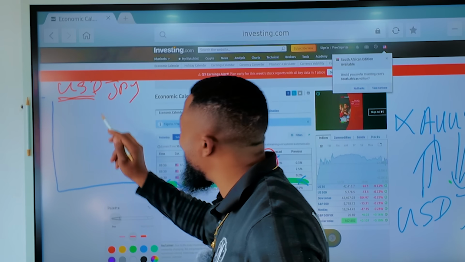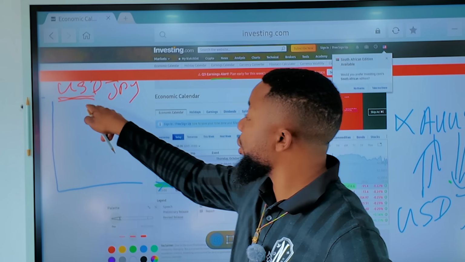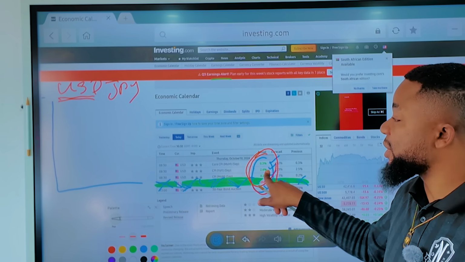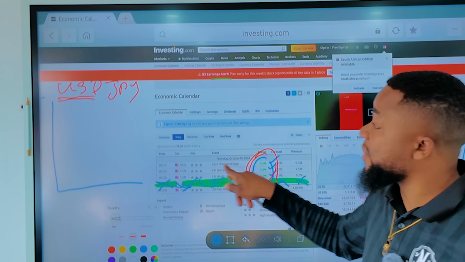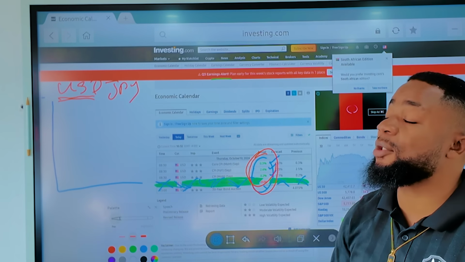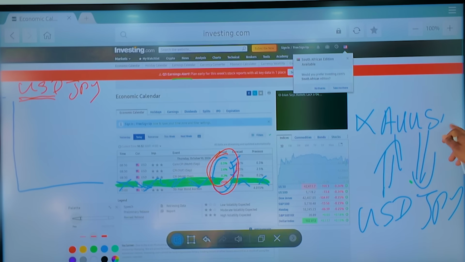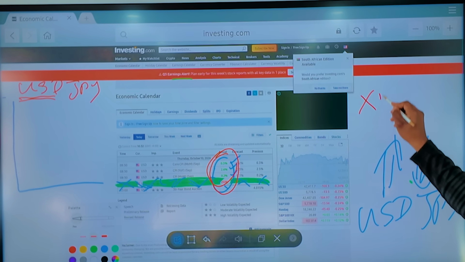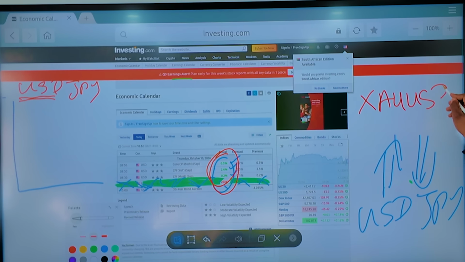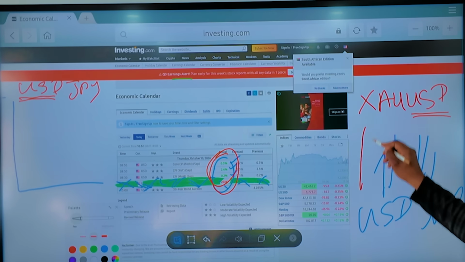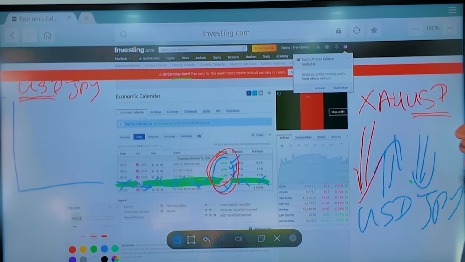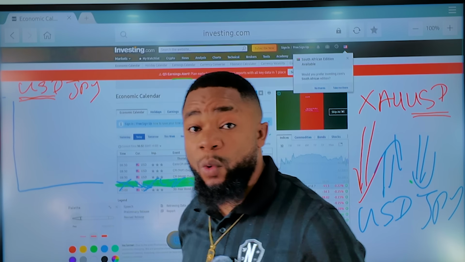Since the United States dollar is the base currency on this currency pair, and this is positive for the United States dollar, what do you expect this currency pair to do? You expect it to go up. And in a currency pair like XAU USD, since USD is the secondary or the quote currency, you expect the market to go down. So at this particular point in time, you just come here and you watch.